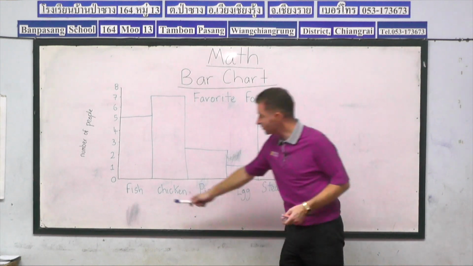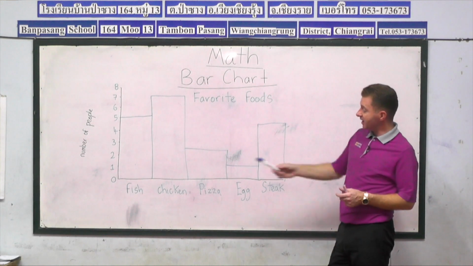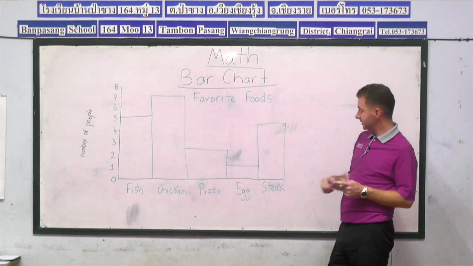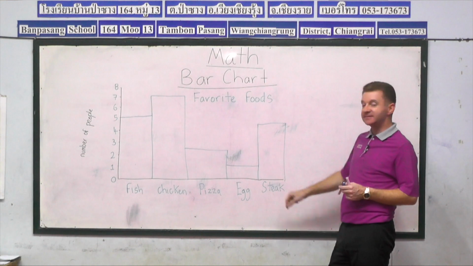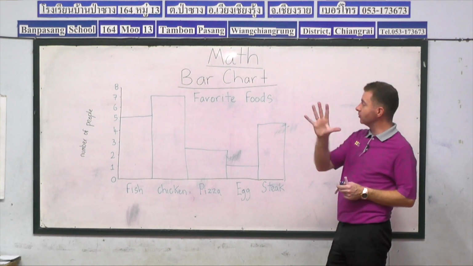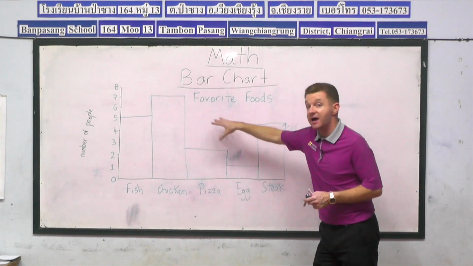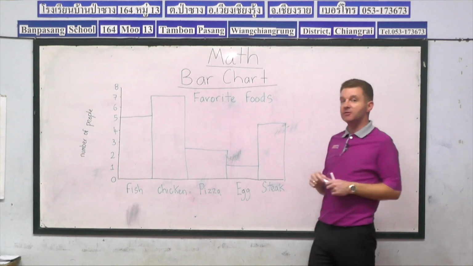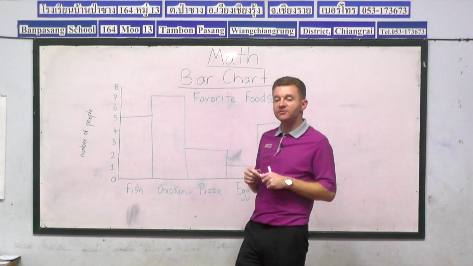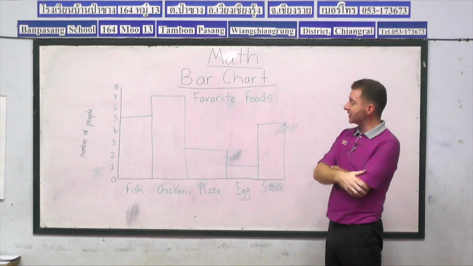But like you say, we've got 5 different categories: fish, chicken, pizza, egg, and steak. That's our horizontal axes. So 5 choices for our favorite foods, which means we will have 5 bars giving the information. So question number 1. Let's see if you can read the bar graph correctly.